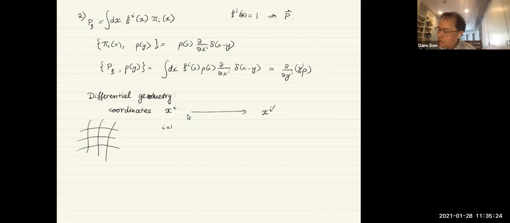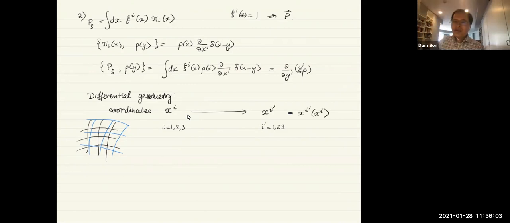Here I goes 1, 2, 3, and here I prime also goes 1, 2, 3, but the coordinate system may be different, a different way of drawing these lines. And x prime would be a function of x. It doesn't have to have any particular form. That's the power of differential geometry. It need not be, for example, a linear function.